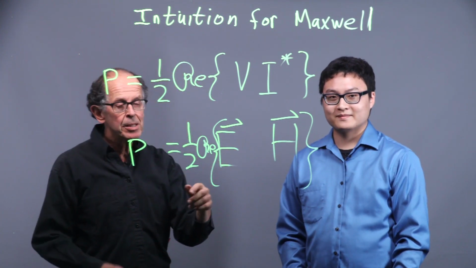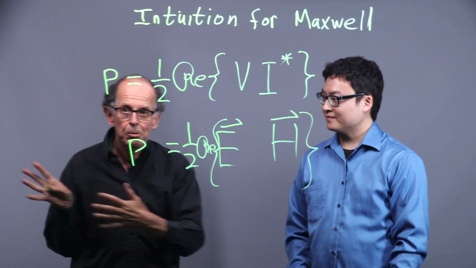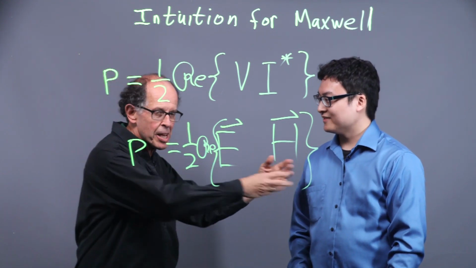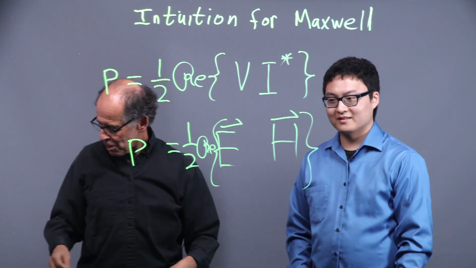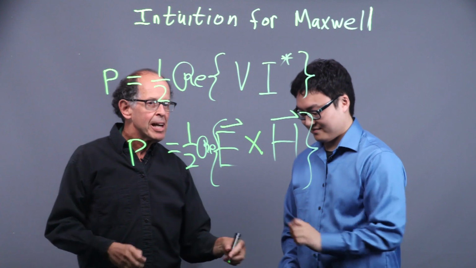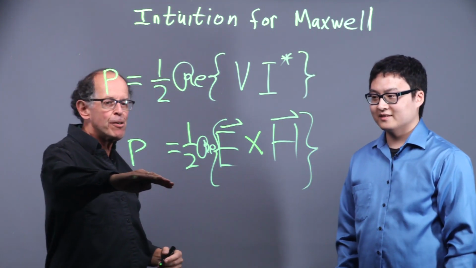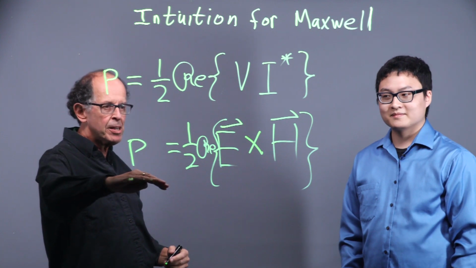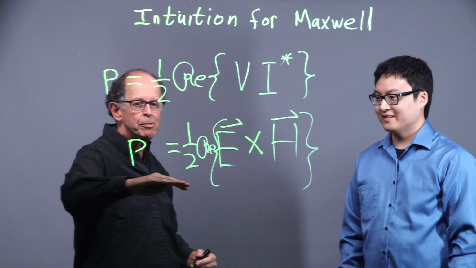And the problem is when we have fields, we want the direction of energy flow, which is from the generator to Sam. So let's put in the cross product. Sam, thank you very much. This is our first intuitive setting from a transmission line to the fields, and we have an intuitive relationship.